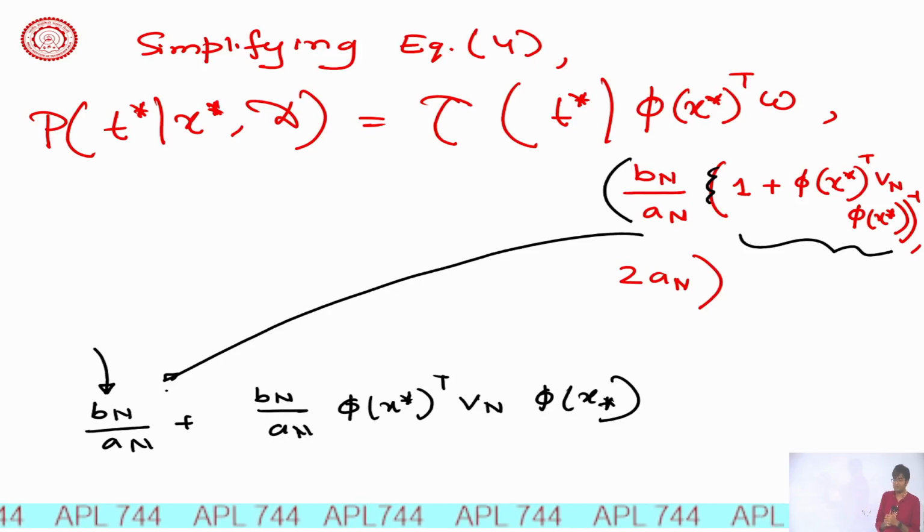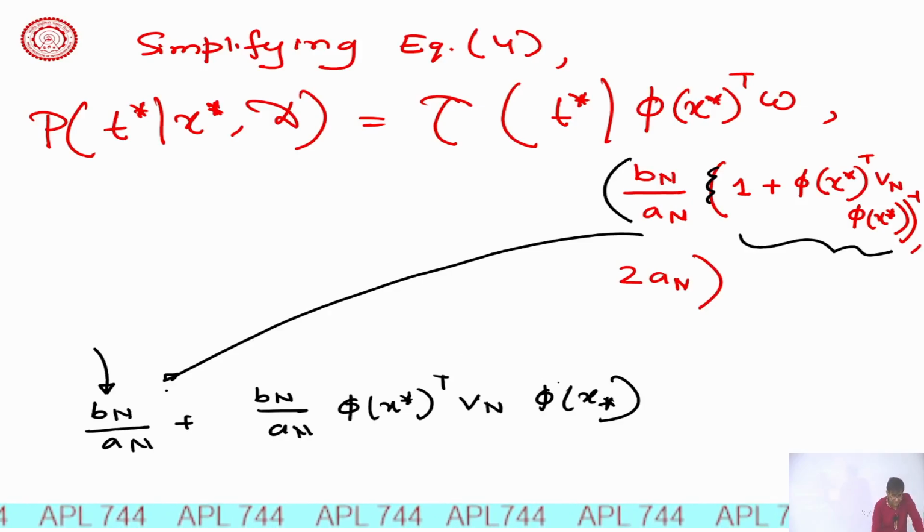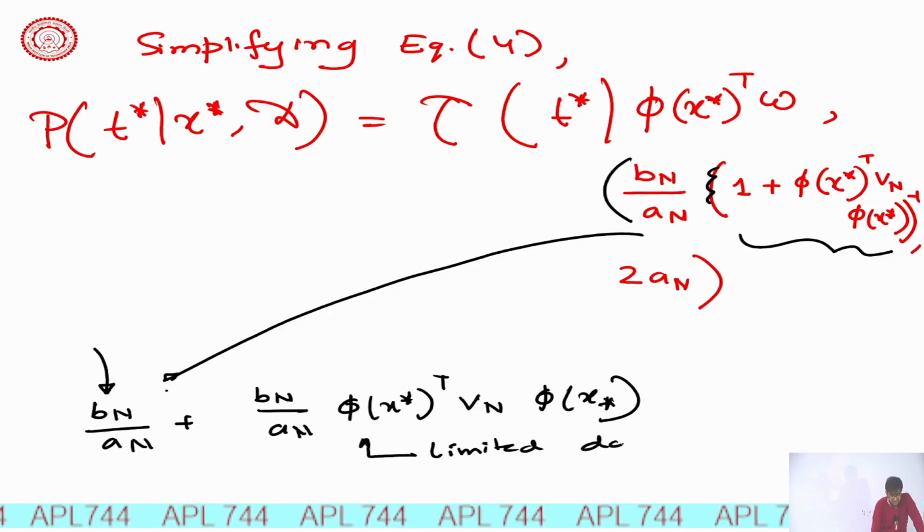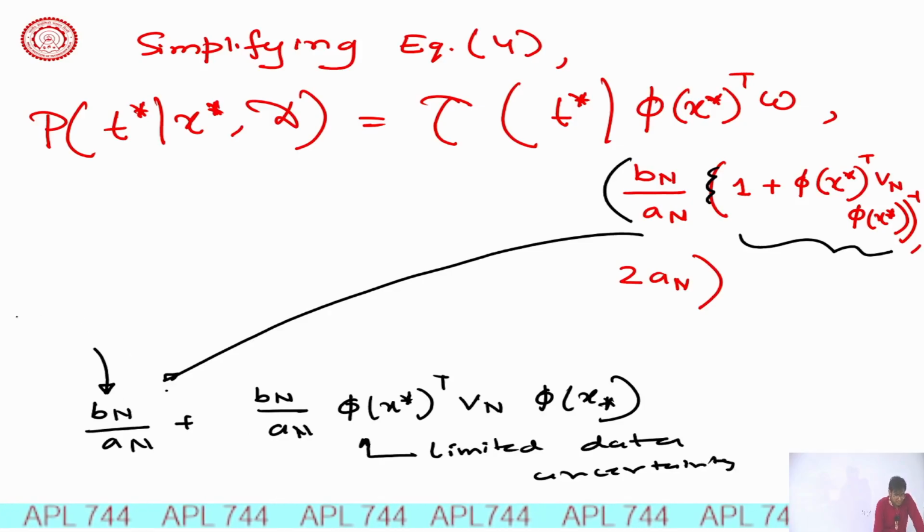What is the second term denoting? Uncertainty because of your weights, which also means uncertainty because you have limited data. So this part is denoting limited data uncertainty, and this is denoting the noise uncertainty.